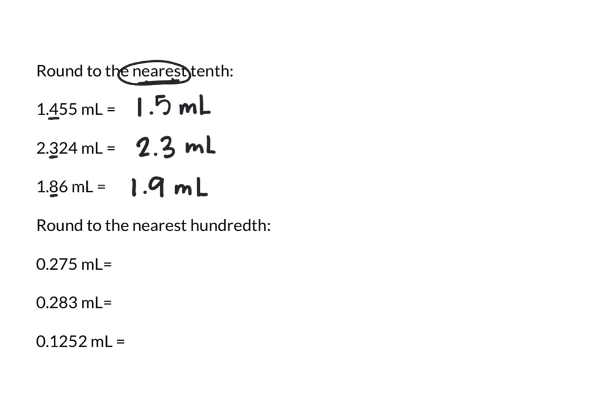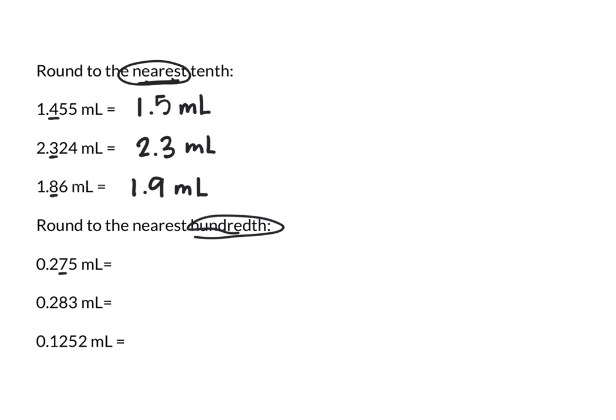So now let's take some of that practice and work on doing it to the nearest 100th. We're still using that rule: if it's 5 and up, we round to the next number up. If it's 4 or below, we keep that number the same. Let's look at our first example. We have 0.275 milliliters. Underline the 100th place.